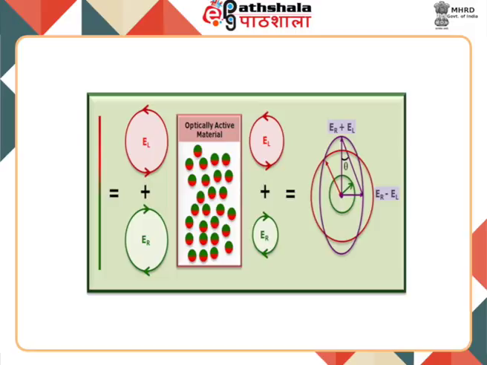The elliptically polarized light is shown in purple color, which is composed of unequal contributions of left and right circularly polarized light. The ellipticity theta of the light is defined by the arc tangent of the ratio of the major axis to the minor axis of the transmitted light.